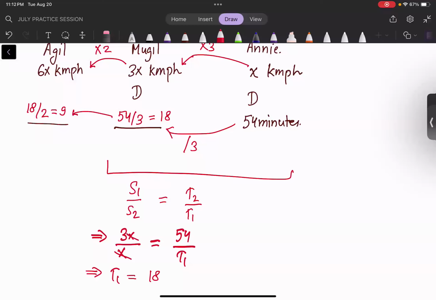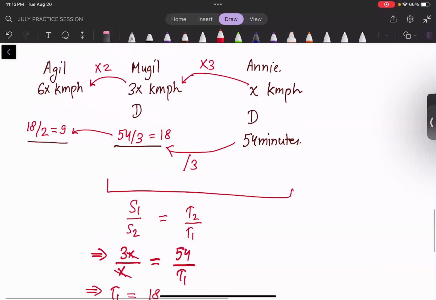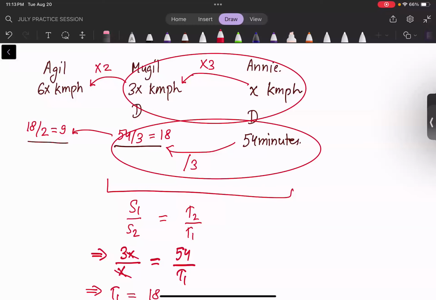But please remember this way. Sometimes we will do it this way, sometimes we will apply the formula. Speed is thrice, time will be 1/3. Carefully observe the speed of Mughal and time of Mughal. Speed is 3 times of Annie, so time will be 1/3 of 54.